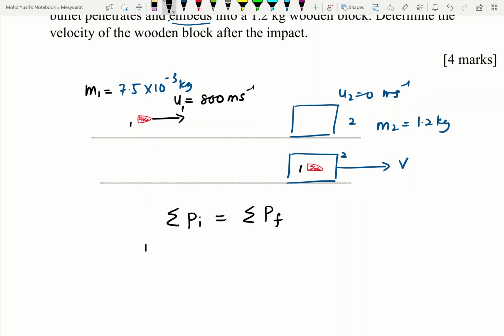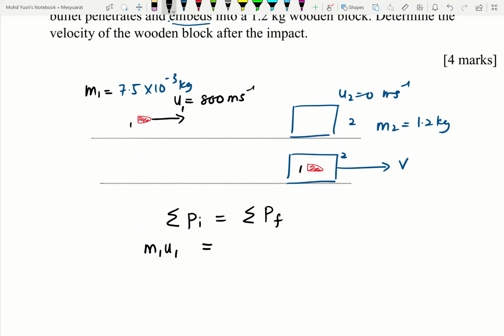Initially, we have bullet that move with velocity u1. Now, since the block is stationary, so m2 times 0 is 0. So, saya boleh tulis sama dengan terus, tak payah masukkan dalam equation.